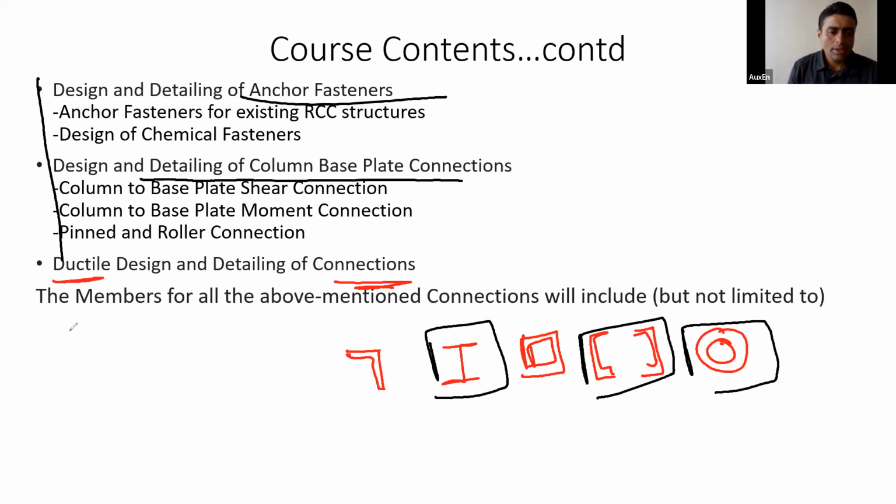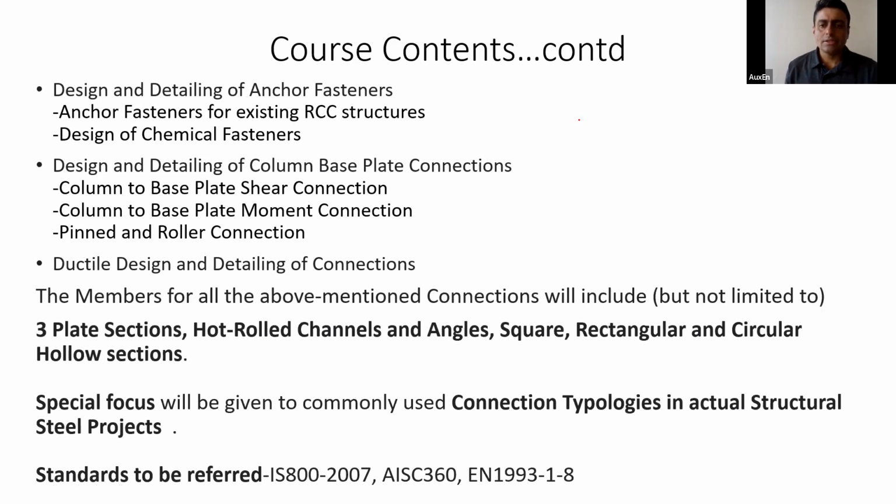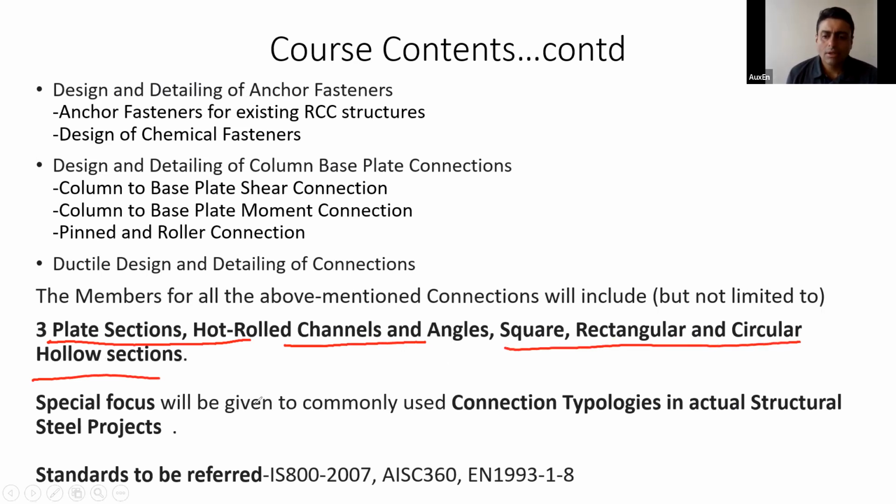Therefore, we have written over here: the members for all above mentioned connections will include, but not limited to, 3 plate sections. That means we will be discussing these, but if there is any other section type you want us to discuss, we will discuss that also. So 3 plate sections, hot rolled, channels, angles, square, rectangular, circular hollows, or any other built up types that you want, we will be taking up these members and discussing their connections.